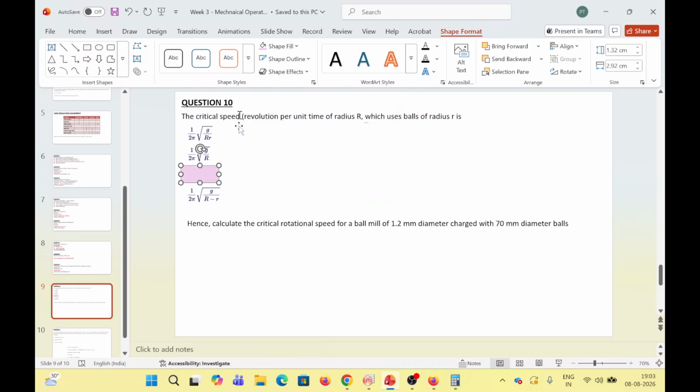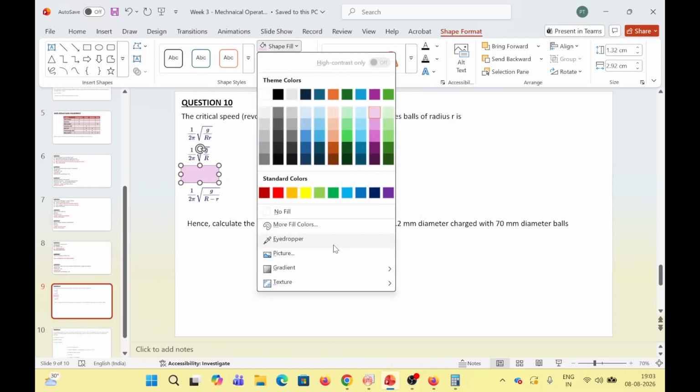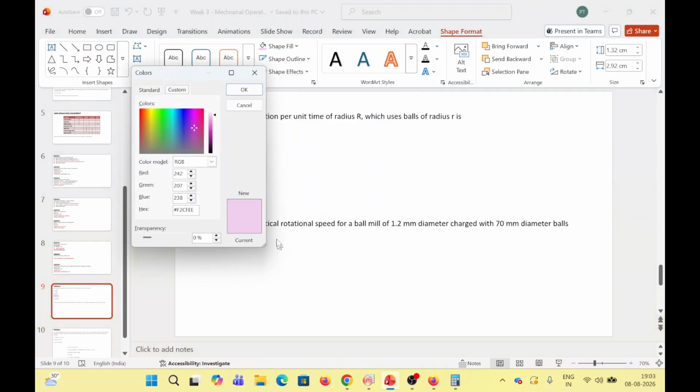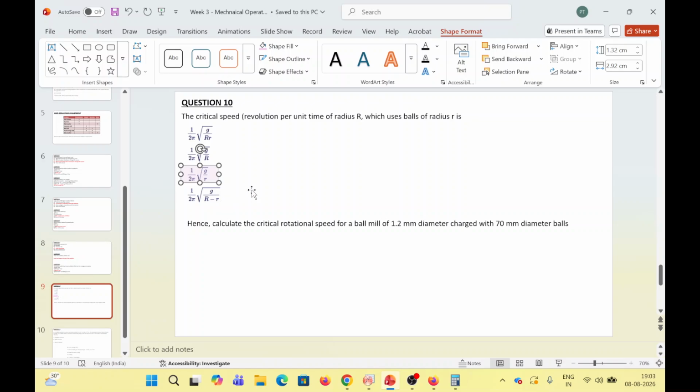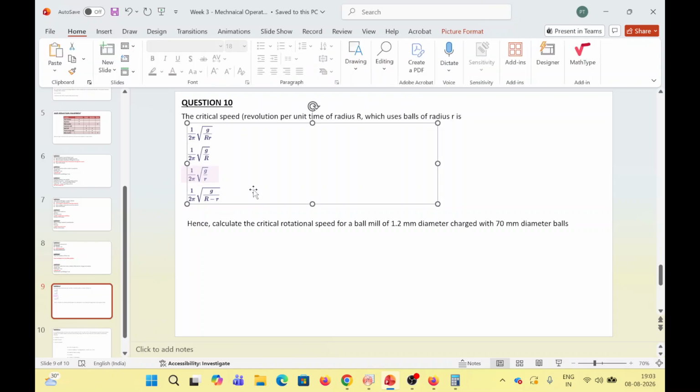Just a second. So it's going to be 1 by 2 pi times root over g by r. So based on this, you are supposed to calculate the answer for the second one.